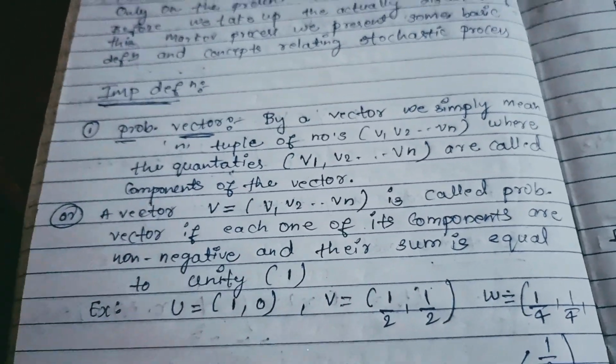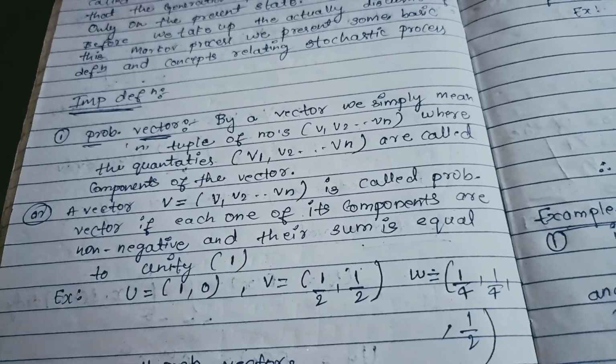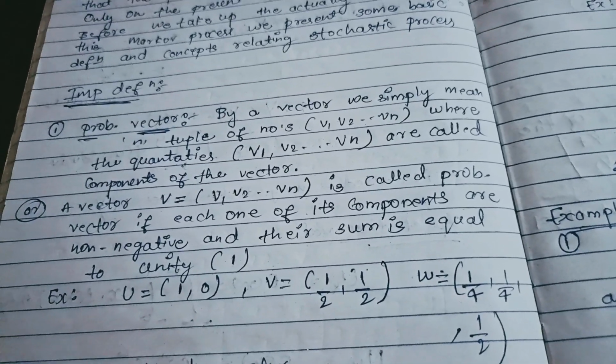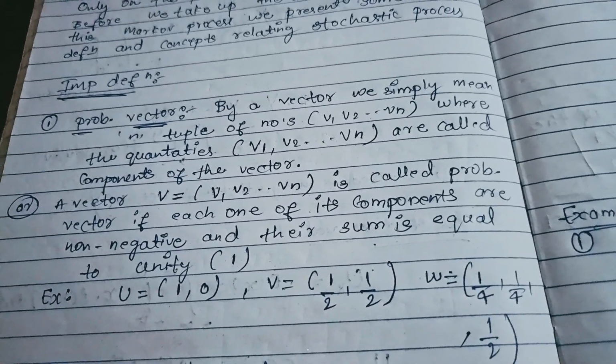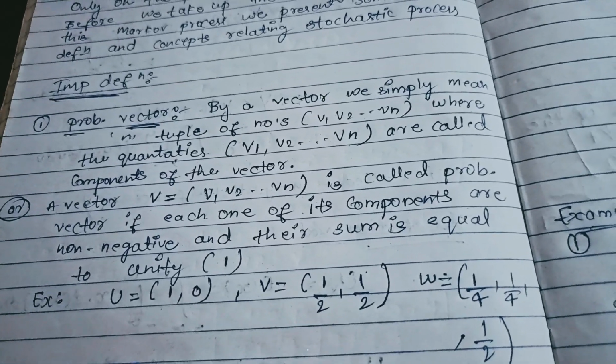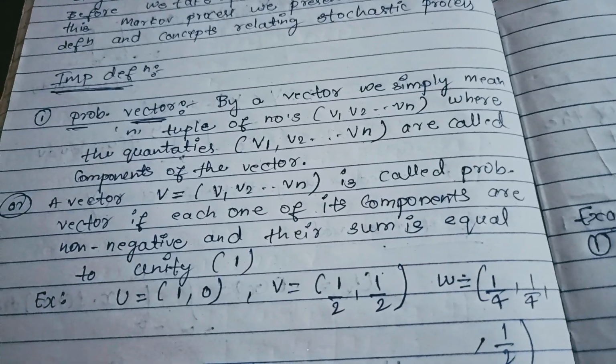One more definition: a vector v equal to v1, v2, up to vn is called a probability vector if each one of its components is non-negative and their sum is equal to 1.